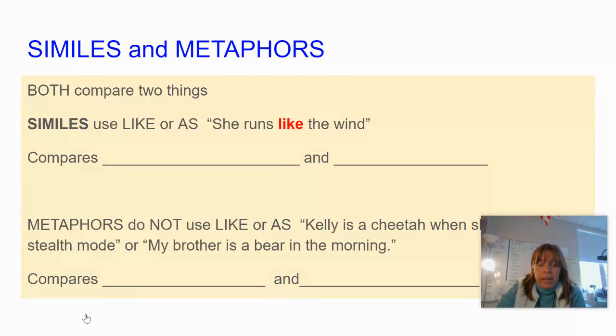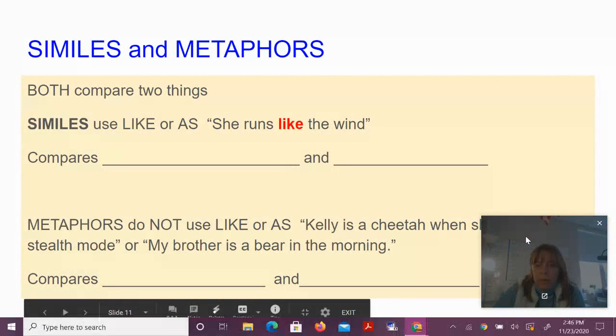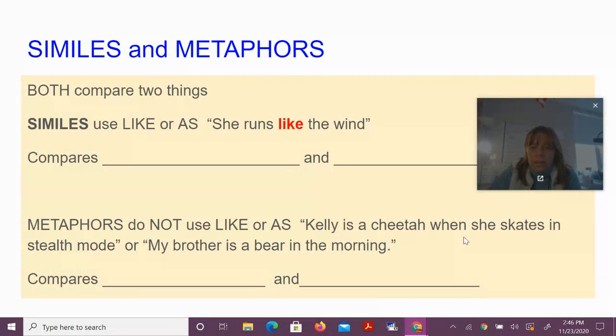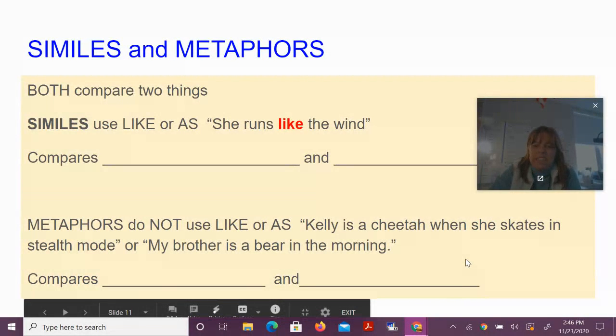Similes and metaphors go together because they're basically the same thing, except simile uses the word like or as, and metaphor does not. And you're comparing two things. So we had a woman on my hockey team that caught up to me one time at the goal, and she said, oh, I was in stealth mode, like a cheetah.